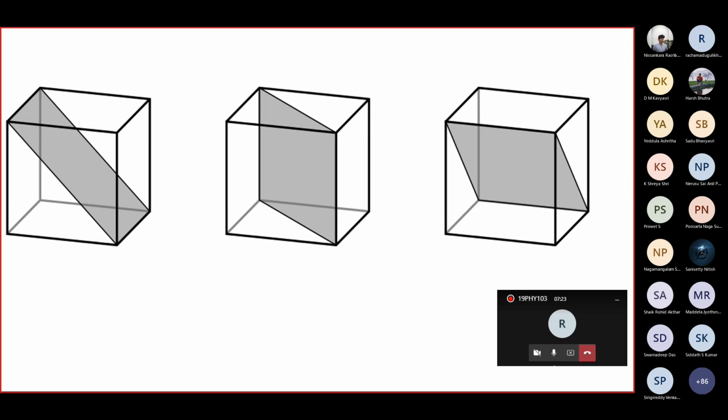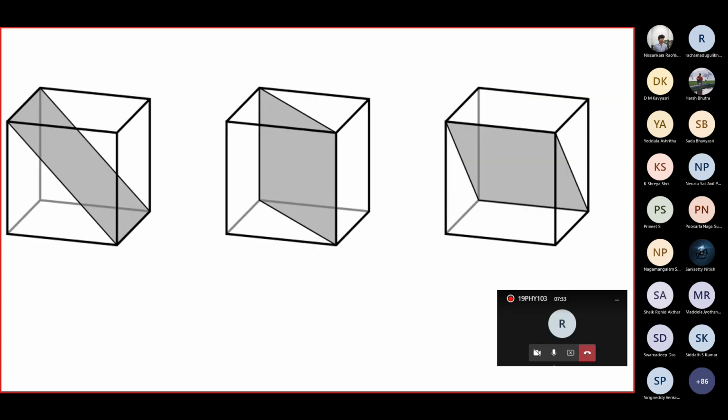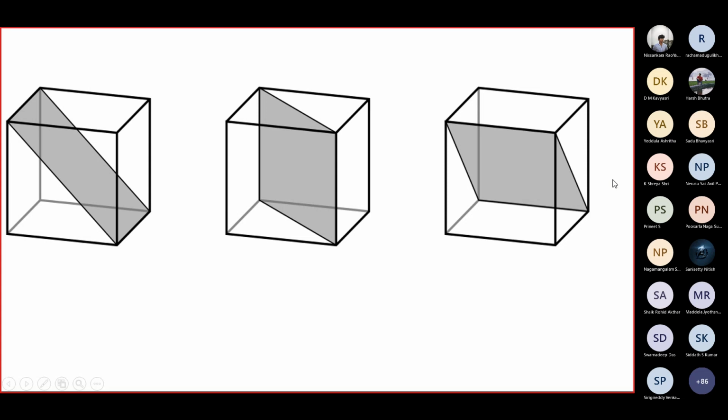Done? Well, here, do you have any doubts in this diagram? Anybody? Any doubts in this diagram?